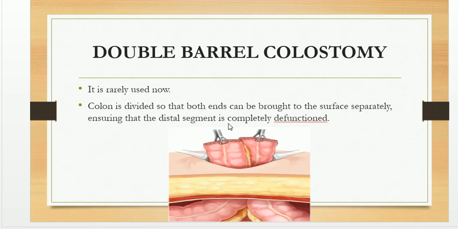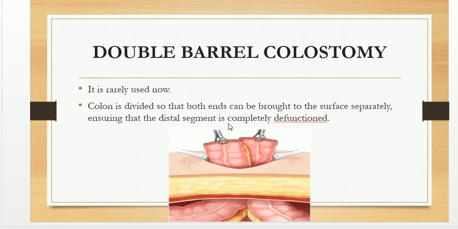So there is a synchronized movement, and whatever is coming from the proximal end is sometimes sucked into the distal end. So keep in mind, a loop colostomy is not 100% diversion.